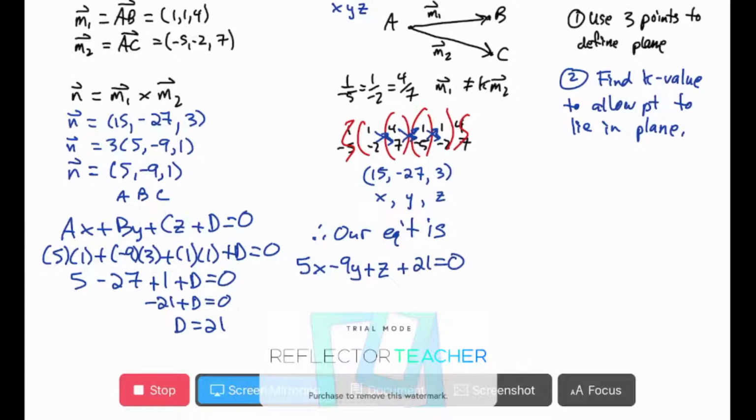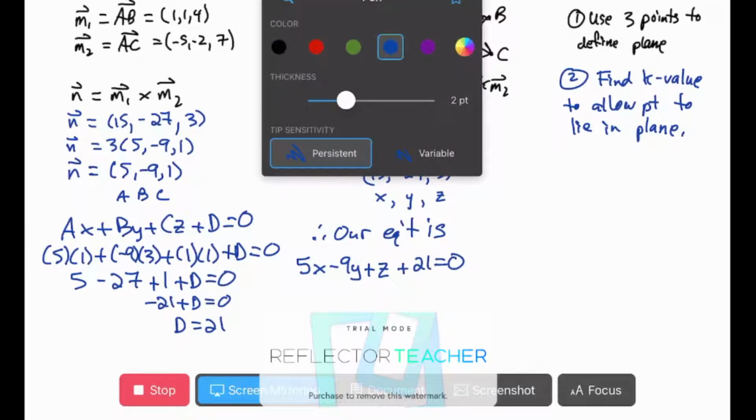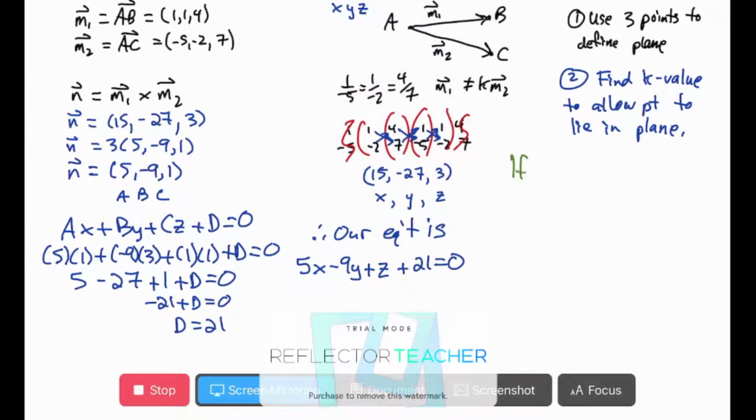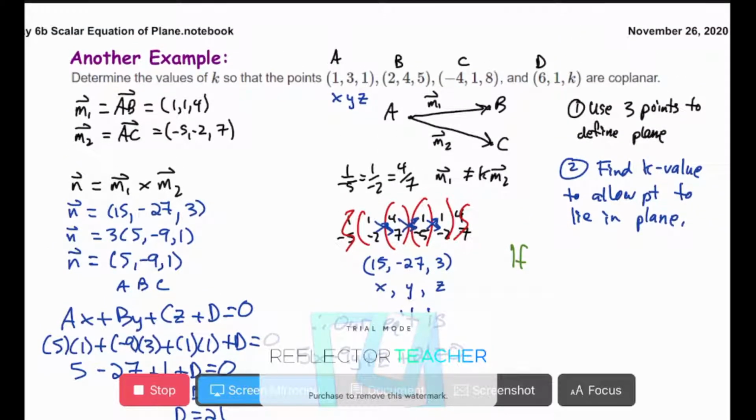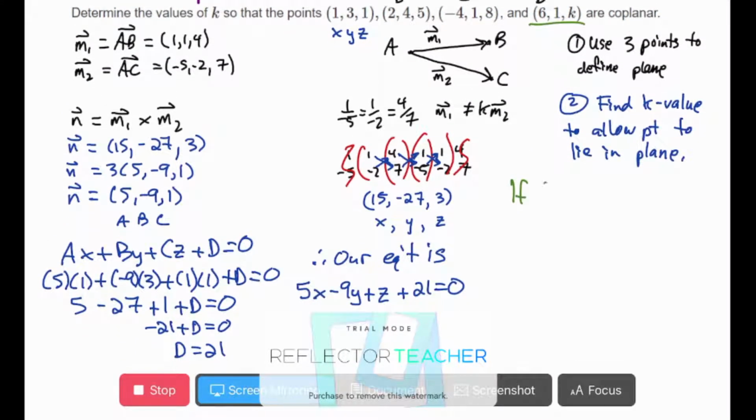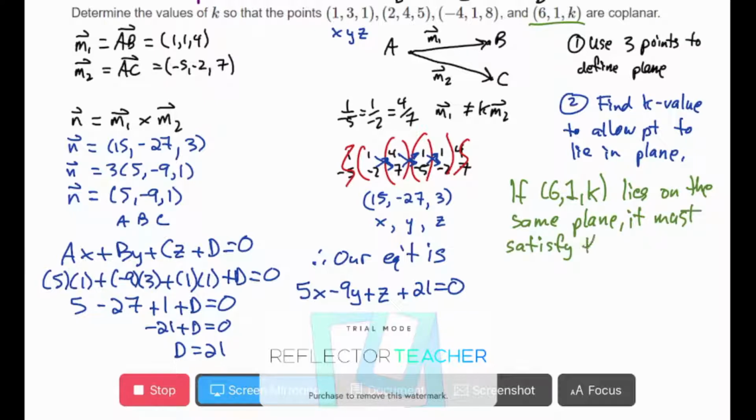So let's see what we have to say about this. If my point D, which is 6, 1, and k, lies on the same plane, it must satisfy the equation. So I have to plug those values into the equation I just found and get the same result.